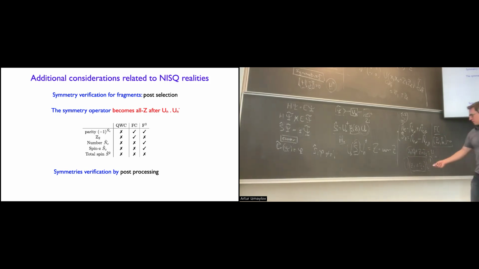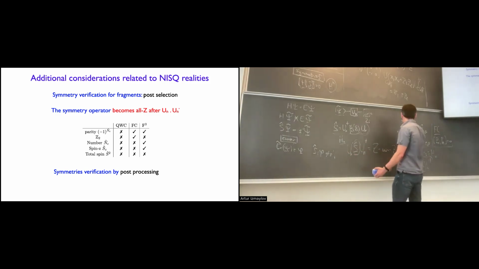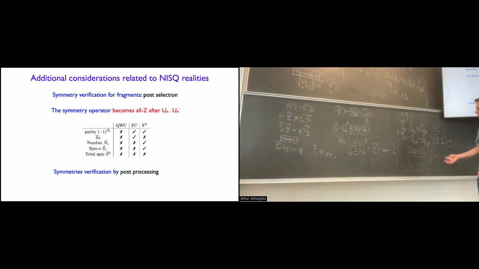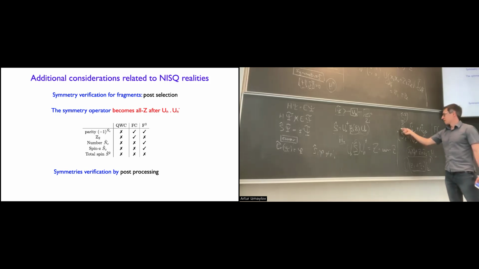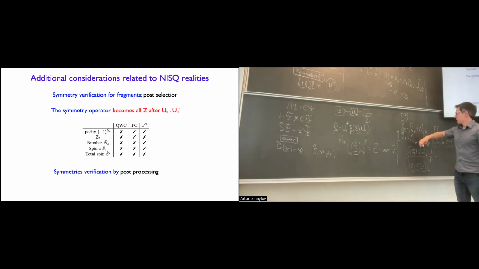And so technically what will happen in this case is that these unitaries that we need to diagonalize the Hamiltonian are not going to make the number of electrons all z's, simply because in Jordan-Wigner, the number of electrons is already a sum of z's divided by 2, the number of orbitals divided by 2 minus something of this kind.